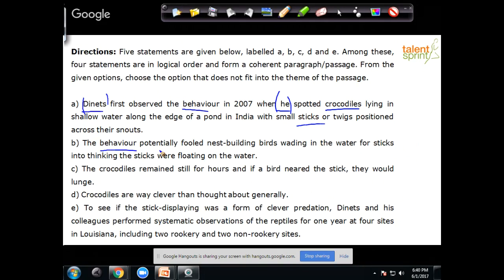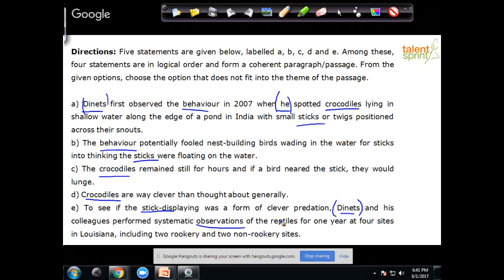I have behavior again, referring to crocodiles again. Then again I have crocodiles. Sticks, okay, sticks. Anything that is repeated, I'm just putting it down, okay. Again, we're making reference to this guy who's observing the behavior, right?